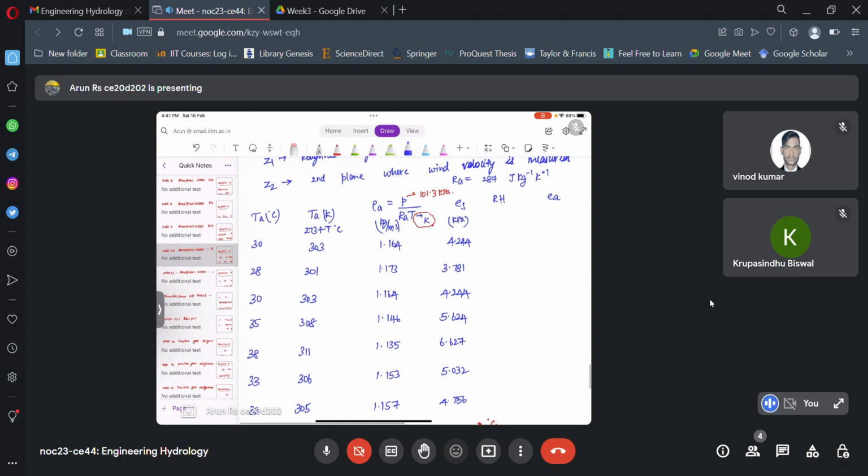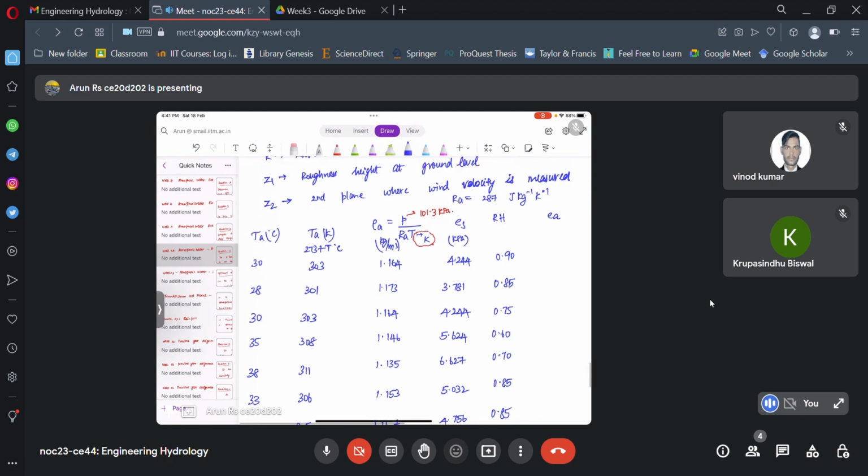So it is given in percentage, but we will convert it into fraction. So 0.90, 0.85, this is 0.75, 0.60, 0.70, 0.85, again last also 0.85.